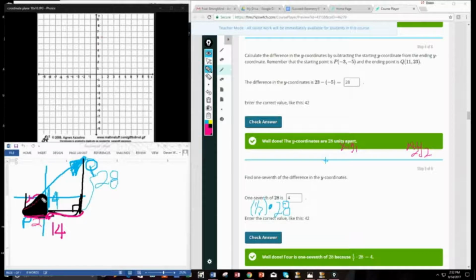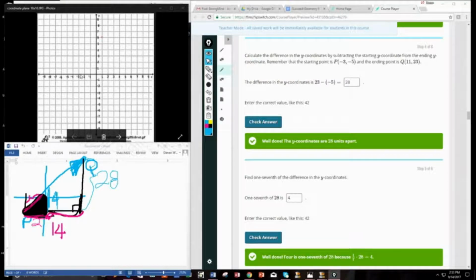So now we want to find our coordinates. Well, I don't have to find that hypotenuse distance because I can count my coordinates. You have a starting point, which is P, and we know that on the graph, I will draw it on our graph right here.